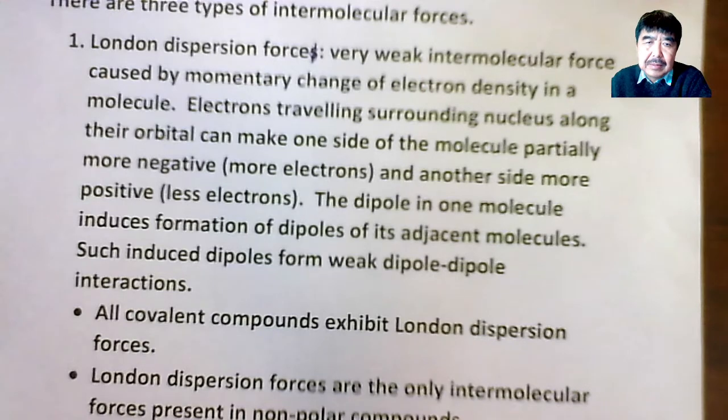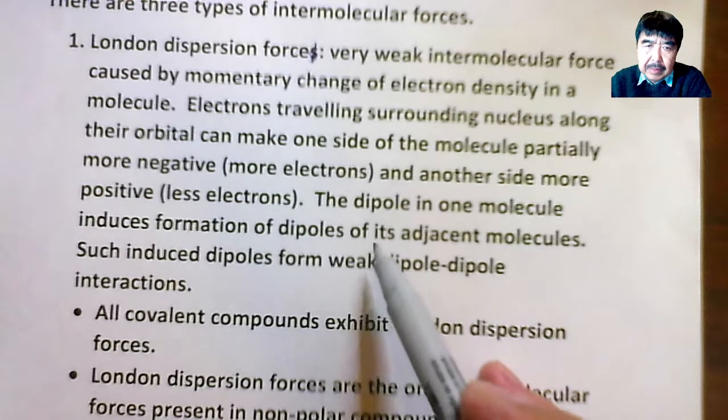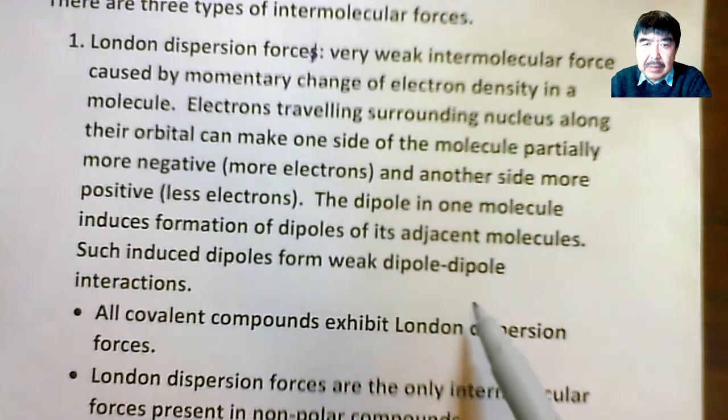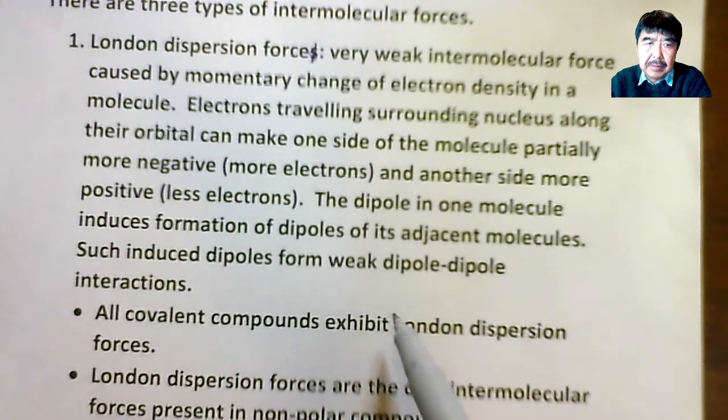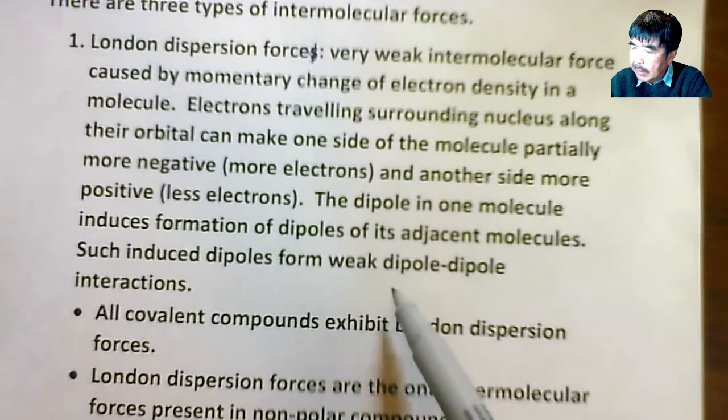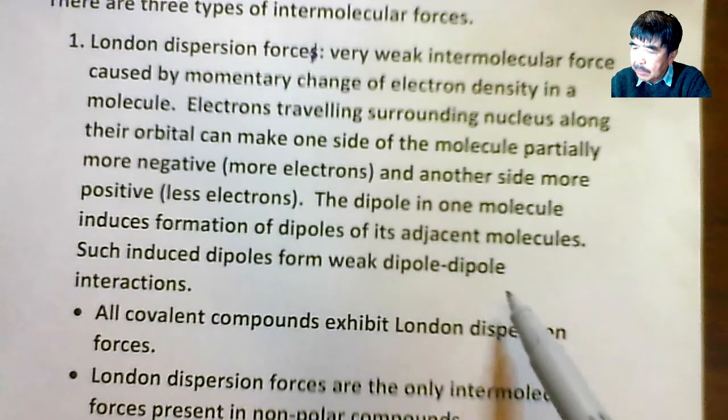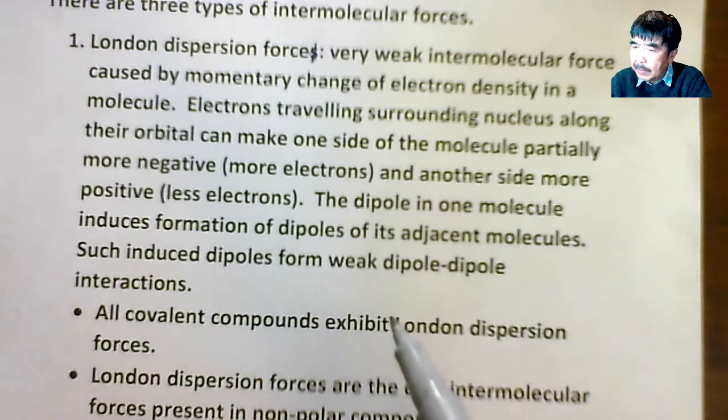This dipole in one molecule can induce the formation of dipoles in its adjacent molecules. Such induced dipoles can form weak dipole interactions. This kind of dipole interaction is called London dispersion force.